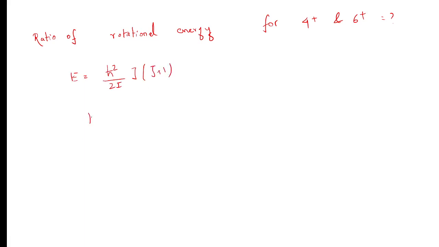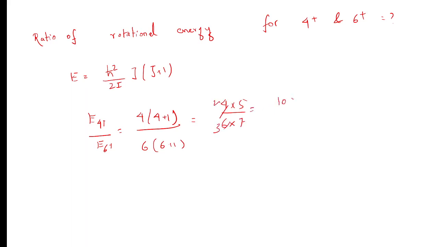So we can apply this. Right, 4 plus 1 divided by 6, 4 into 5 divided by 6 into 7, 2 by 3, so it's actually 10 is to 21. That should be the answer.